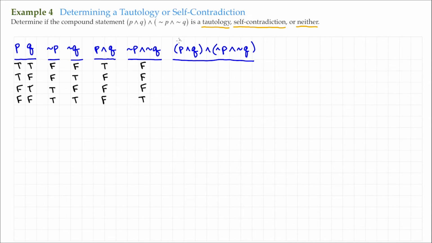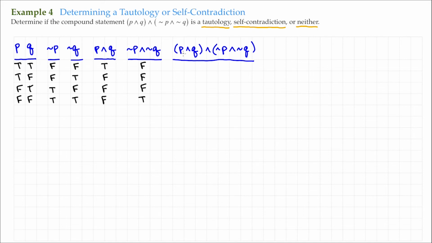So for this entire compound statement to be true, this clause must be true, and this clause must be true. True, false, false, false, false, false, false, true.